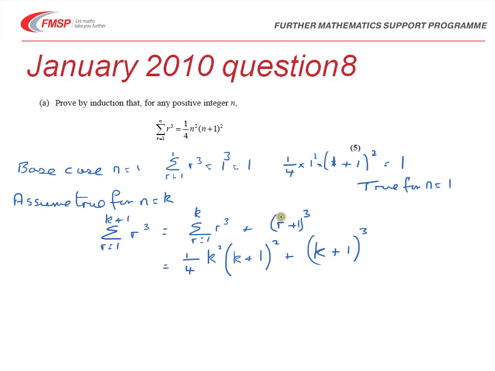So in that line above it should have been k plus 1, the next term.